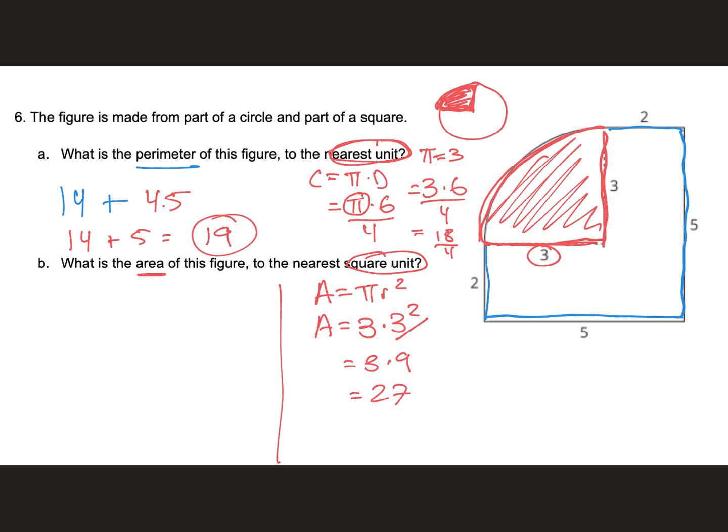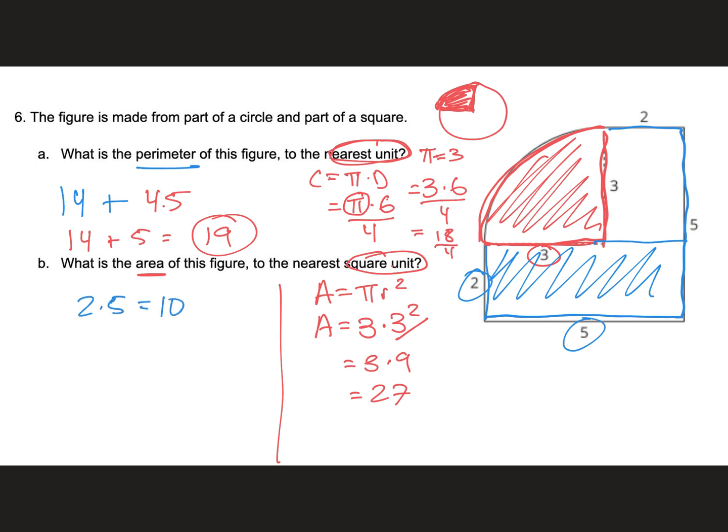Now, for the other shape, I need to figure out what is the area of all of this. So this bottom rectangle is 2 times 5, which is 10. And then this rectangle up here is 2 times 3, which is 6.